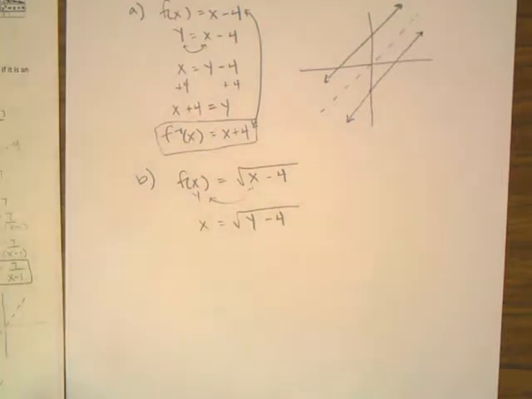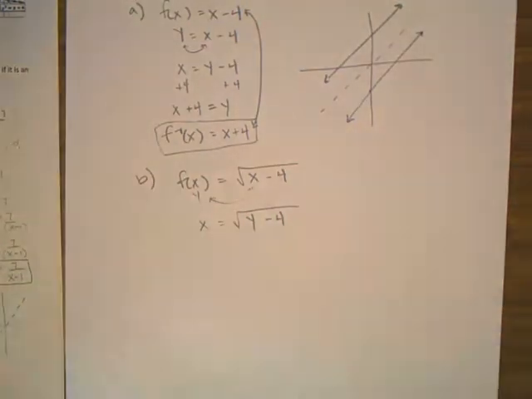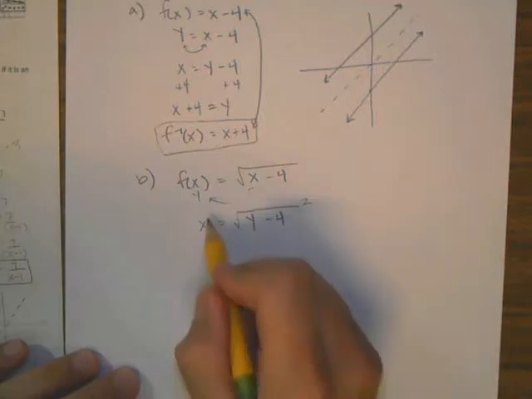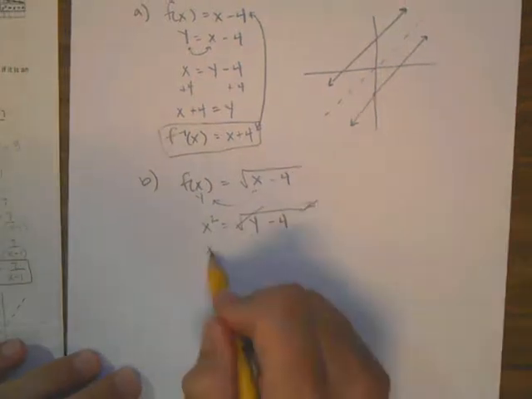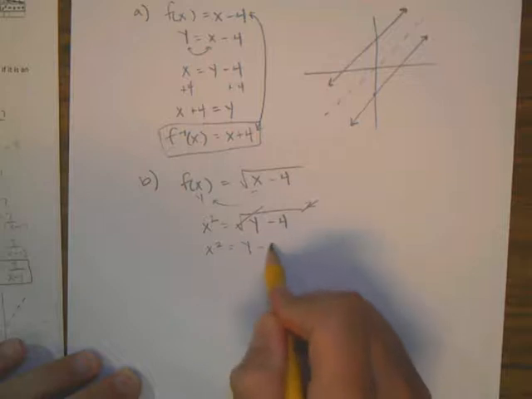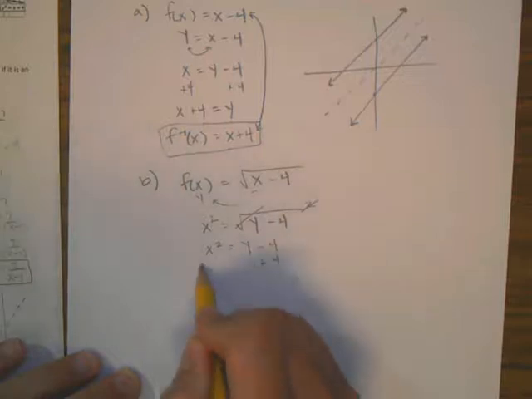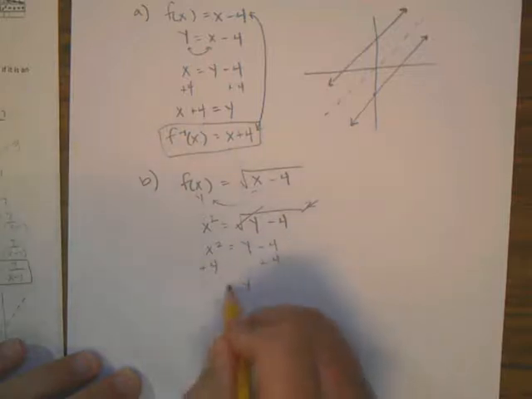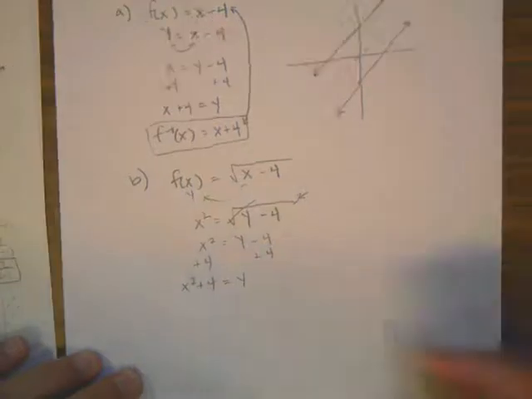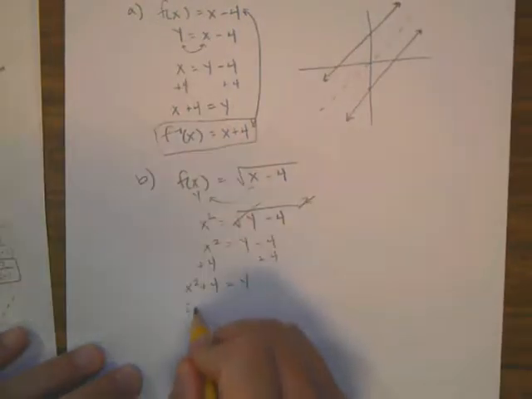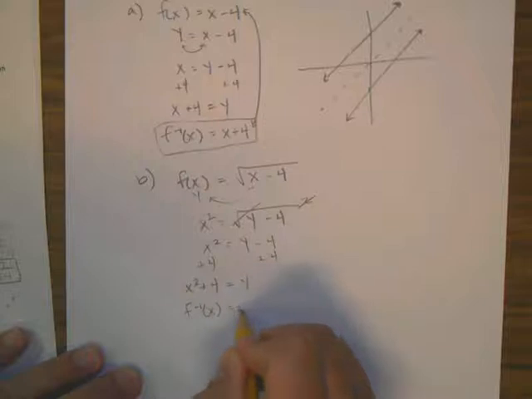How do I get rid of a square root? Square it. That goes away with that. We get x squared equals y minus 4. Add 4 on both sides. Y equals x squared plus 4. Okay? So our inverse function, f inverse of x, is equal to x squared plus 4.